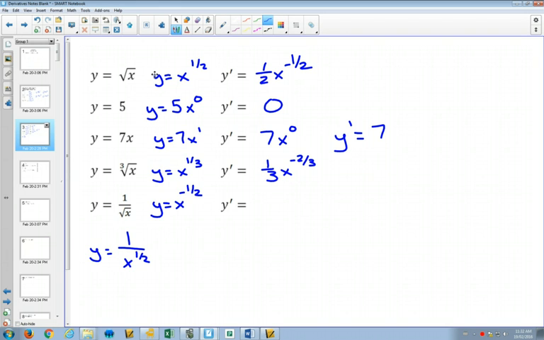So the fact that this x to the 1/2 is in the bottom of our fraction, we can move it to the top of our fraction by making it x to the negative 1/2, and then bring that number in front, subtract 1 from the exponent, and you get x to the negative 3/2.